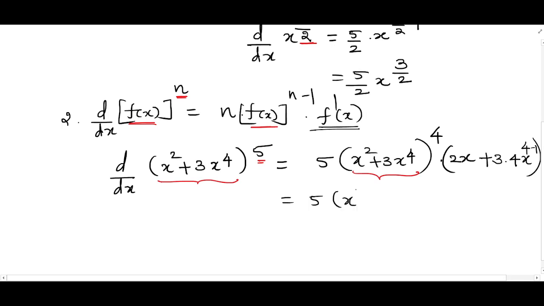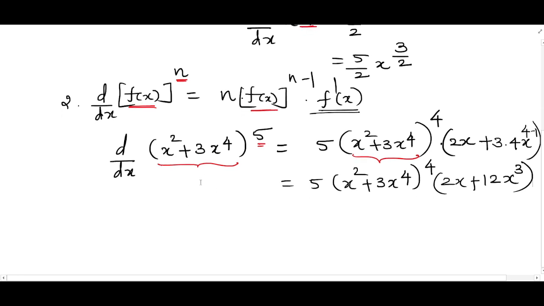So 5 into x square plus 3x raised to 4, to the power 4, into 2x plus 3 into 4, 12, x to the power 4 minus 1 is 3. So the formula would be like this. If it is not x, if it is a function of x, f of x, we will use this formula.